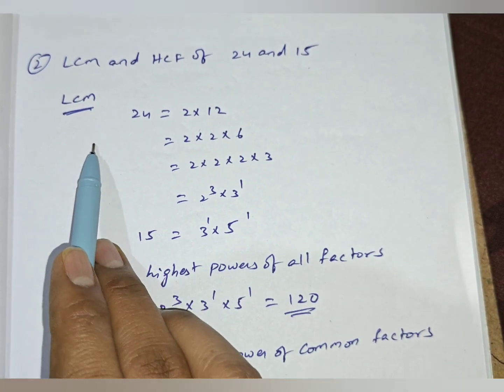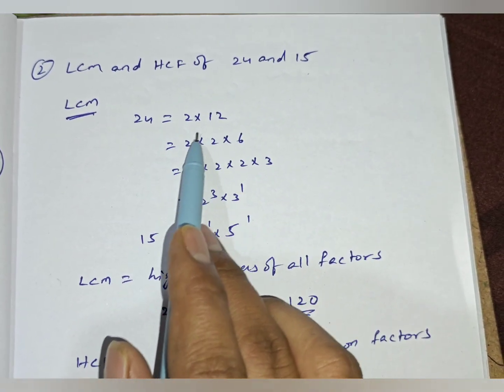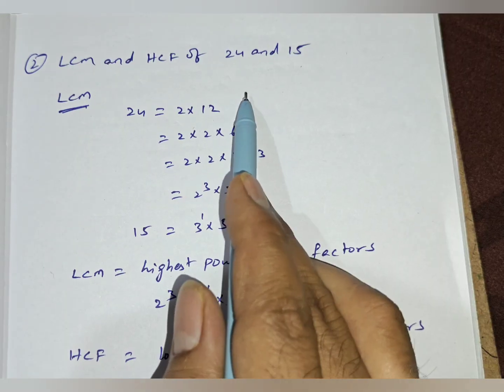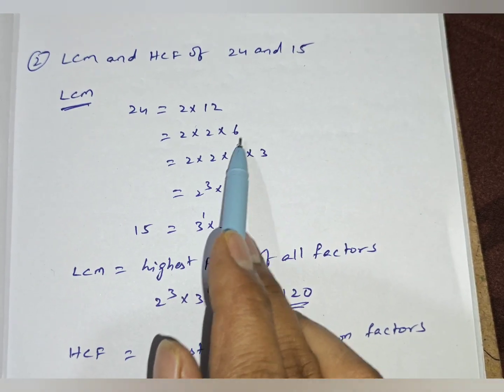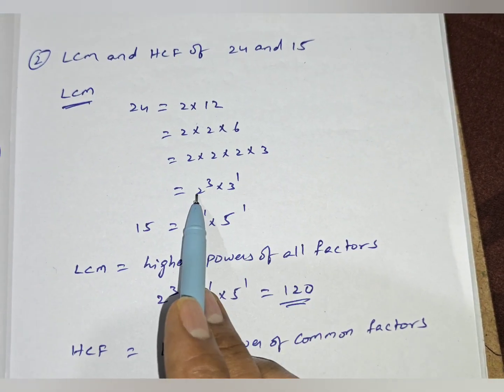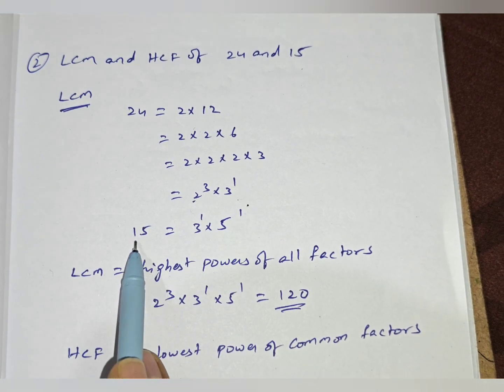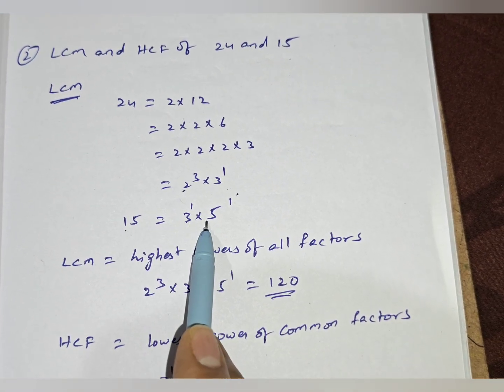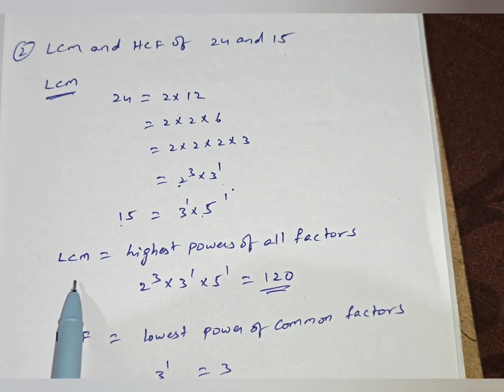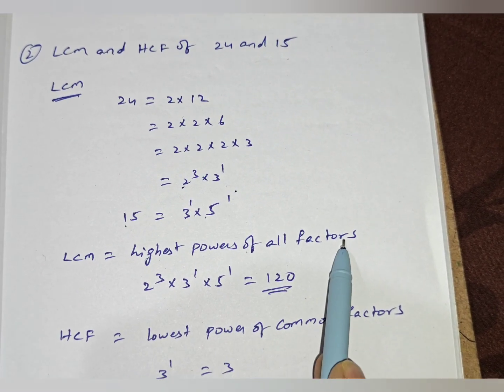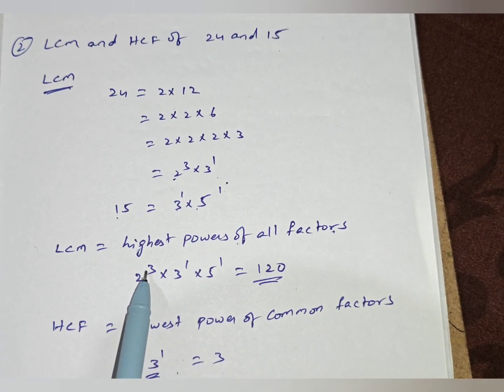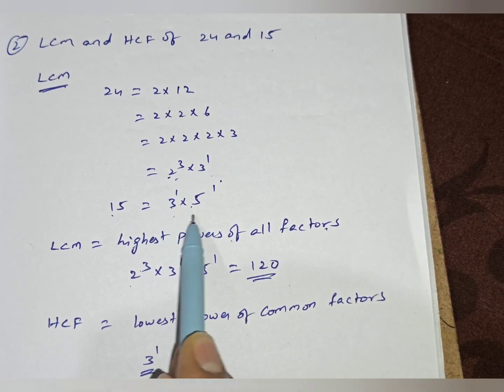First we find the LCM. 24 can be written as 2 into 12, 2 into 2 into 6, 2 into 2 into 2 into 3, using the prime factorization method. So the final is 2 power 3 into 3 power 1. And 15 can be written as 3 into 5. Now the LCM is the highest power of all the prime factors, 2 power 3 into 3 power 1 into 5 power 1.